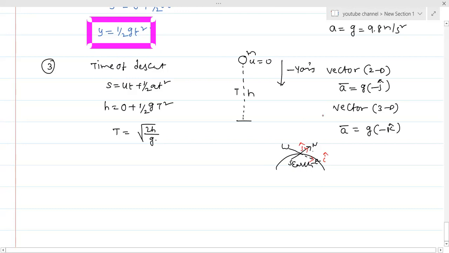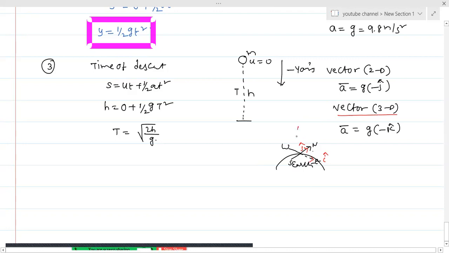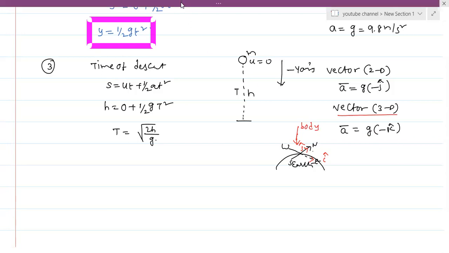But we are representing the acceleration due to gravity three-dimensionally. So the body is falling vertically downwards. That means you are moving in the negative z-axis direction. So that's why we will take a bar equals g into minus k cap.